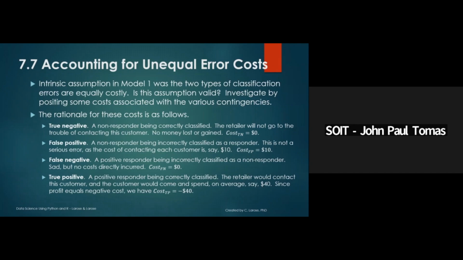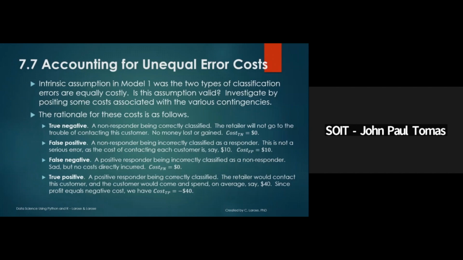Because it's not enough for us to create a model and follow it because it has a high accuracy. We need to apply monetary costs so that we may know whether we will be spending much or low in terms of this type of campaign. So to do that, there will be a true negative, false positive, false negative, and true positive as well.